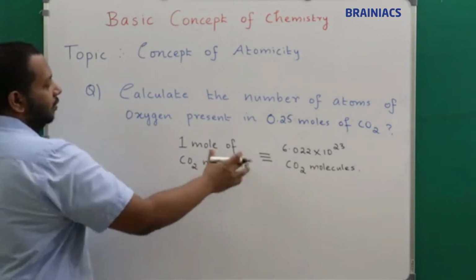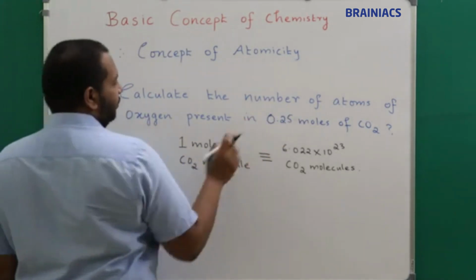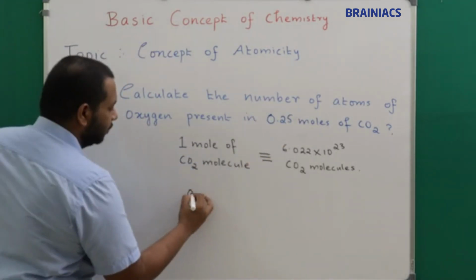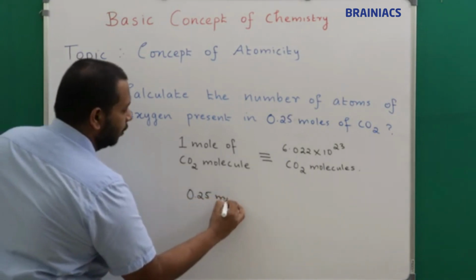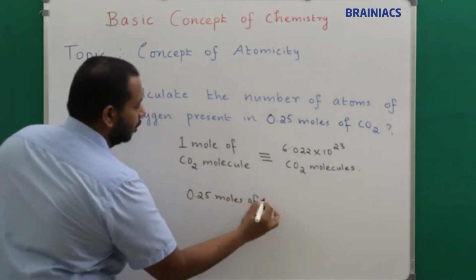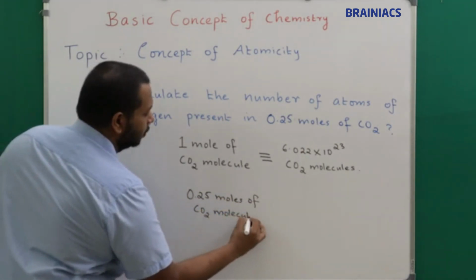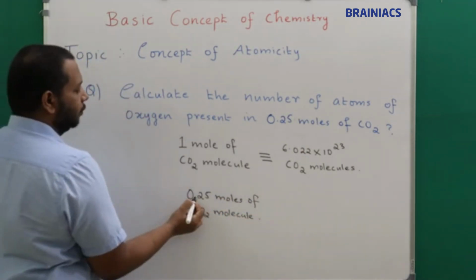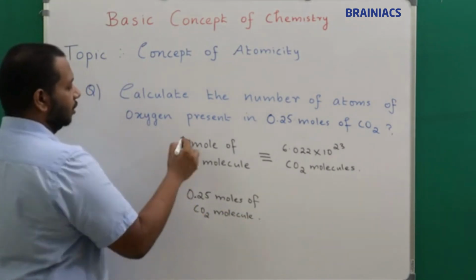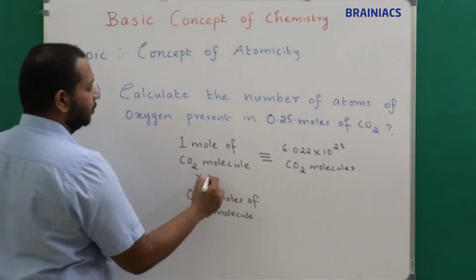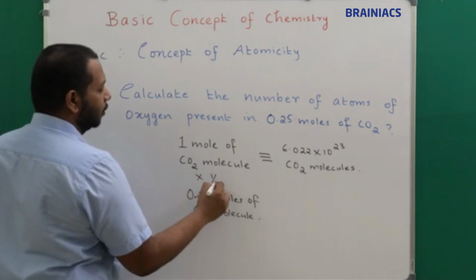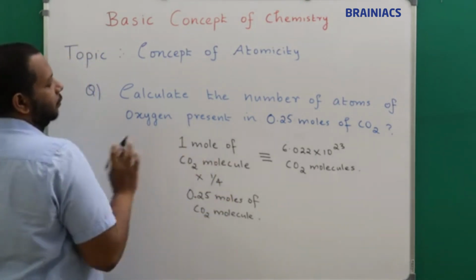Now 1 mole, this is a fundamental step. They are asking you about 0.25 moles. So given is 0.25 moles of CO2 molecule. How do we convert 1 into 0.25? You know that it should be multiplied by 1 by 4, because 1 by 4 is 0.25.